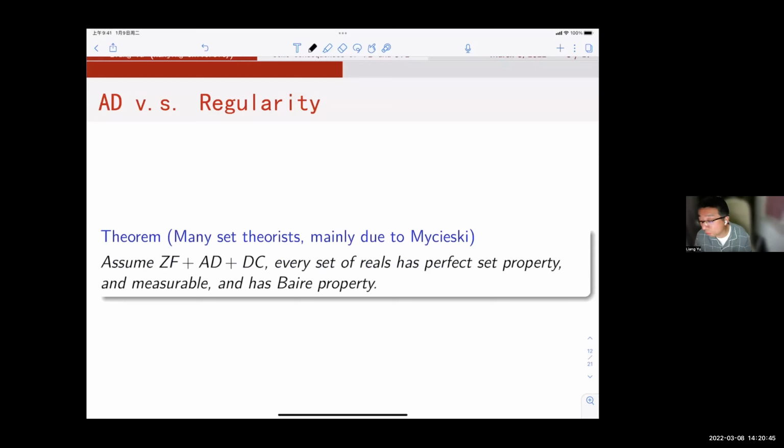And these proofs are not trivial. They are very tricky. For different properties, you need to use different games. You need to design very tricky games to prove this result for different properties. There is no uniform proof.